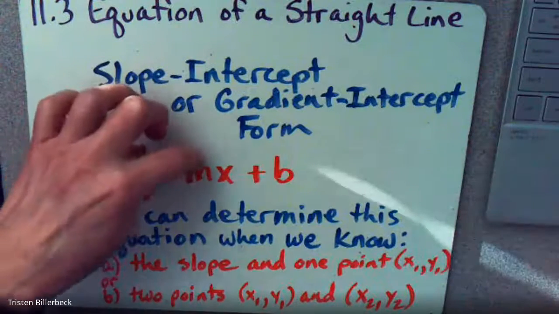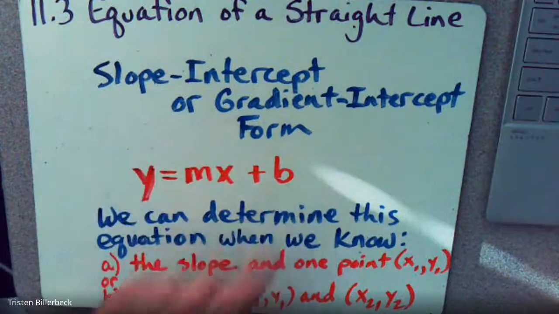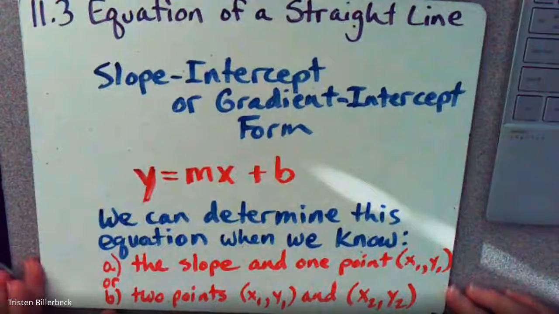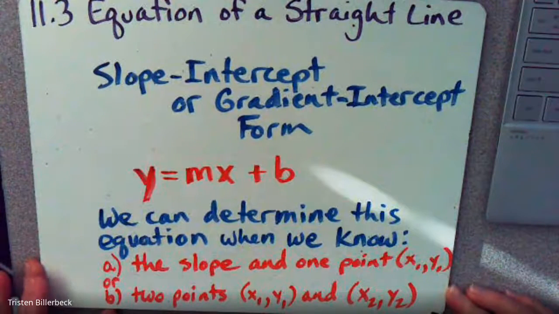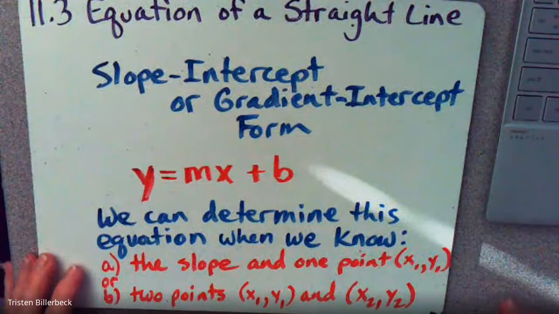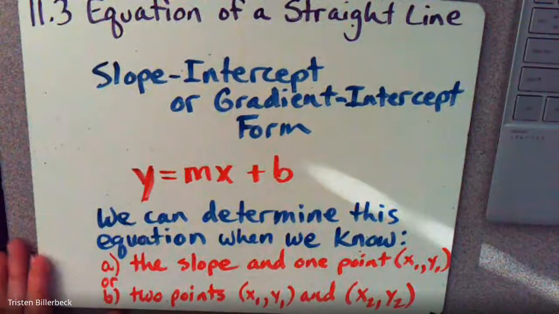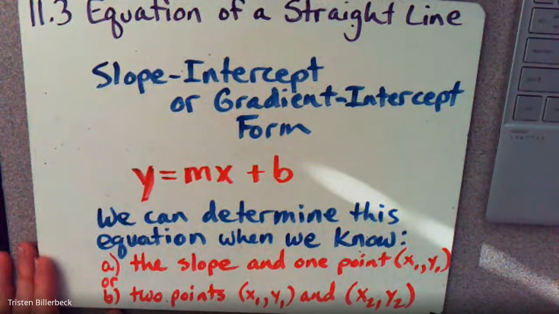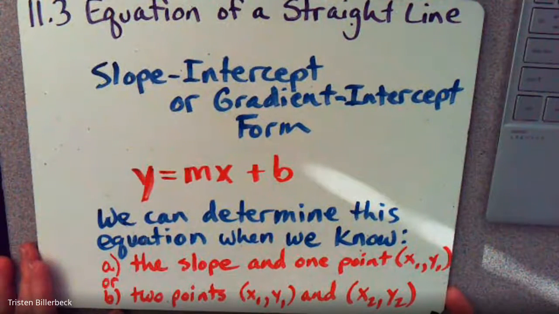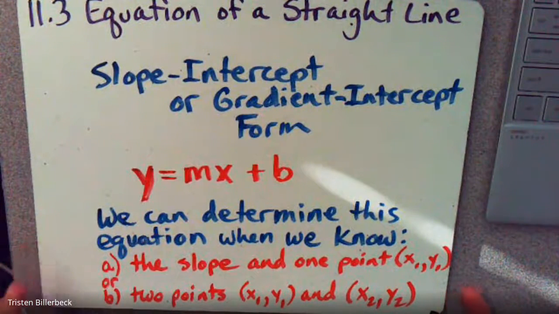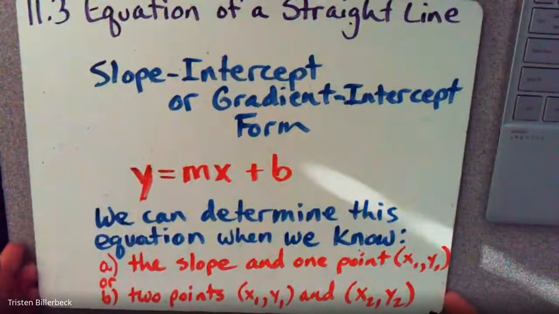So m is how it changes, b is where it starts. We can determine this equation when we know two things, or in two different ways. If we know the slope and 1 point, we can find the equation, or if we know 2 points. Today we're going to explore how we can create an equation mathematically with just those two things.